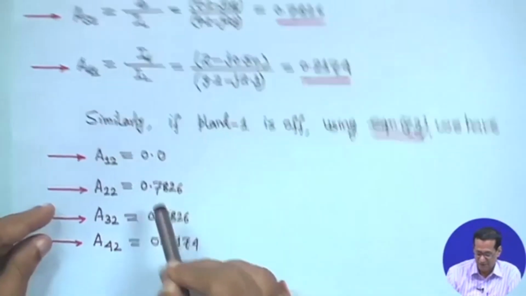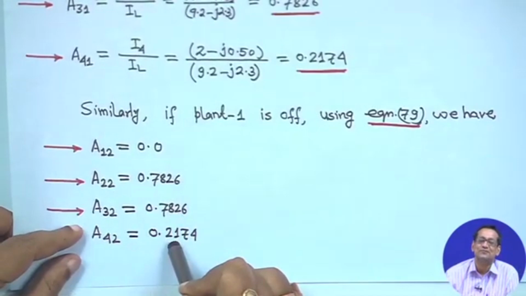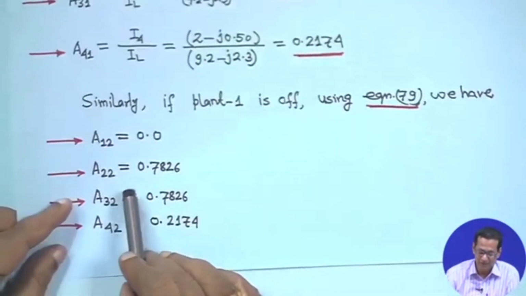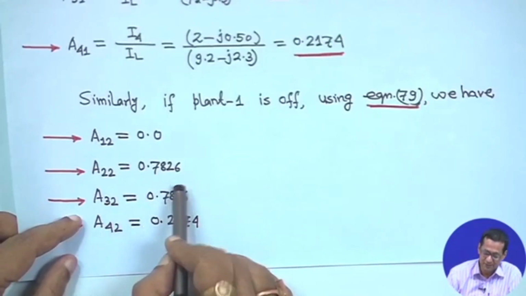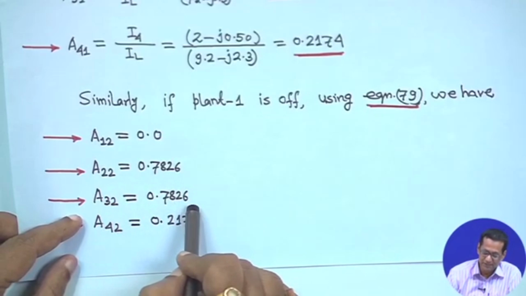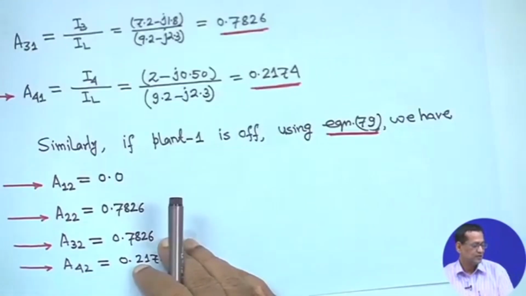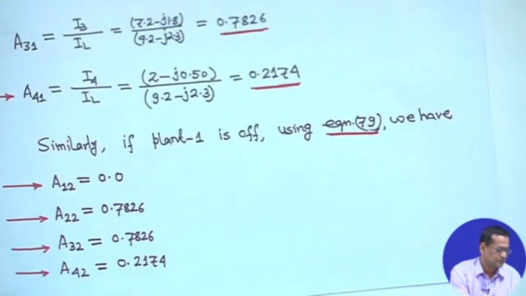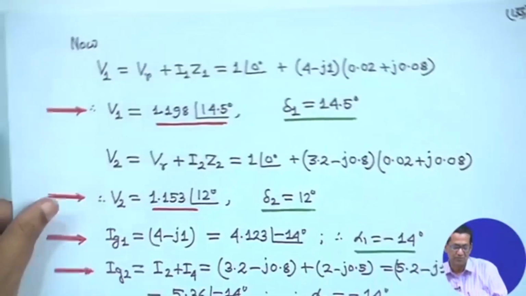Following the same procedure you can easily compute the rest. I am giving you the final ones: A 22 is equal to 0.7826, A 32 is equal to 0.7826 and A 42 is equal to 0.2174. That means all the A coefficients are computed.